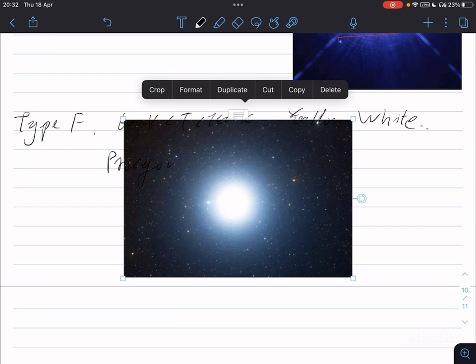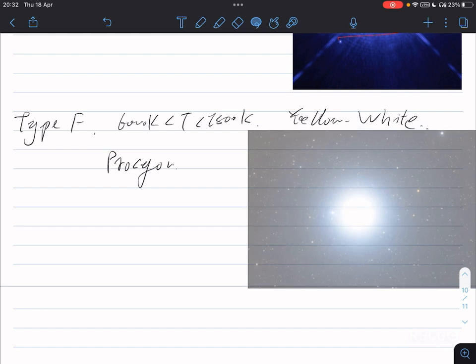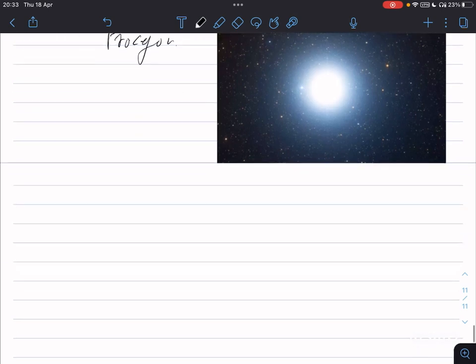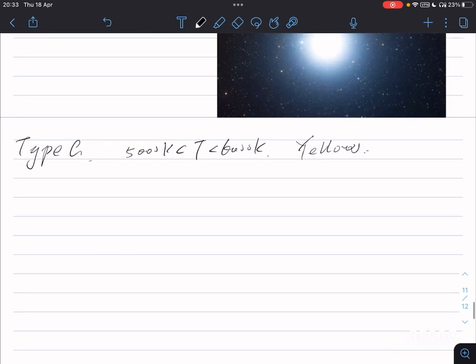I think it's this one. And then type G, with a temperature between 5,000 Kelvin and 6,000 Kelvin, and with a yellow color. The example is our familiar sun.